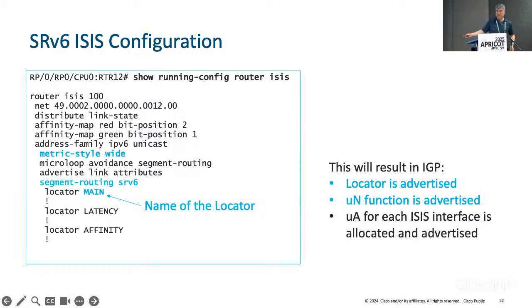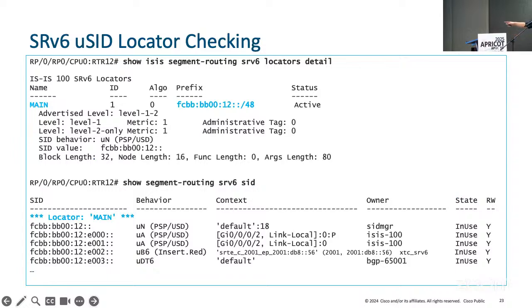And within SRv6, we are going to flood this information with the IGP. The IGP will let you say, I'm going to flood the main, I'm going to flood the latency. Once you enable it, the IGP will generate all those locators.